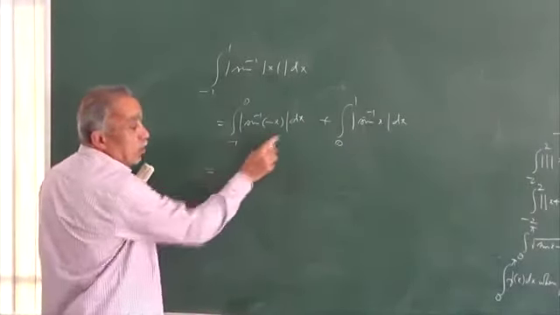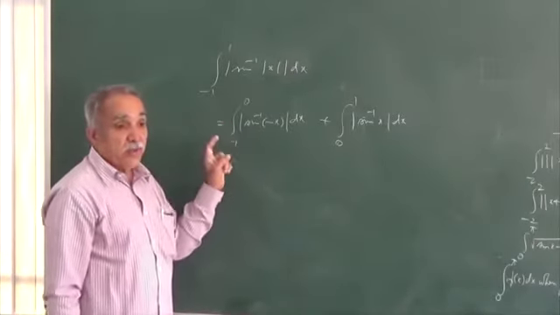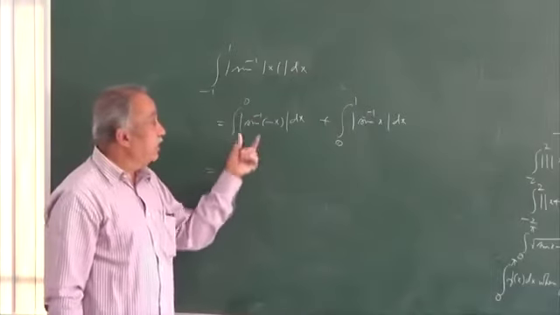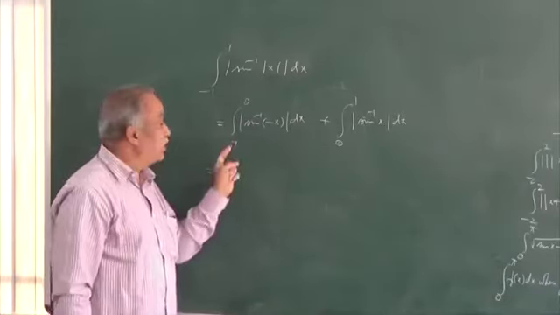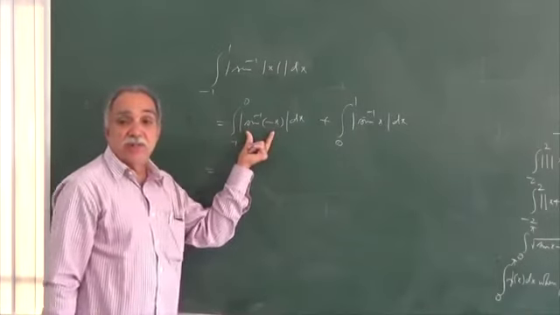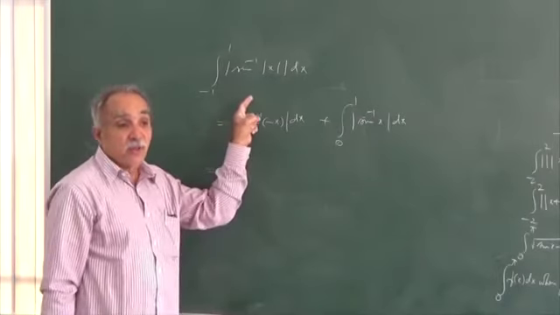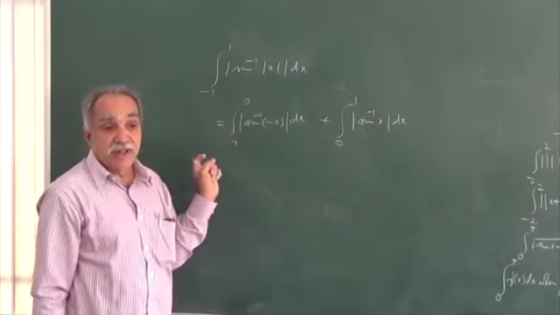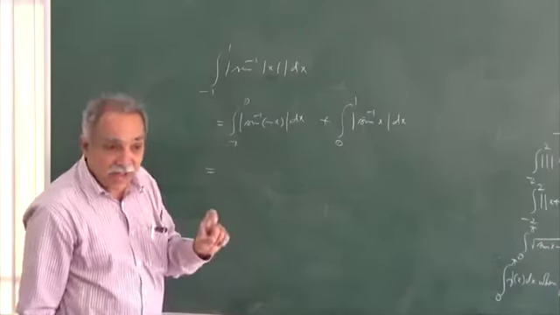Now to remove this outer modulus, x is between -1 and 0. Sin inverse minus x will be where? Not -1 radian, number -1 and number 0, where will be sin inverse minus x? Between sin inverse -1 and sin inverse 0. What is sin inverse -1? Minus pi by 2.